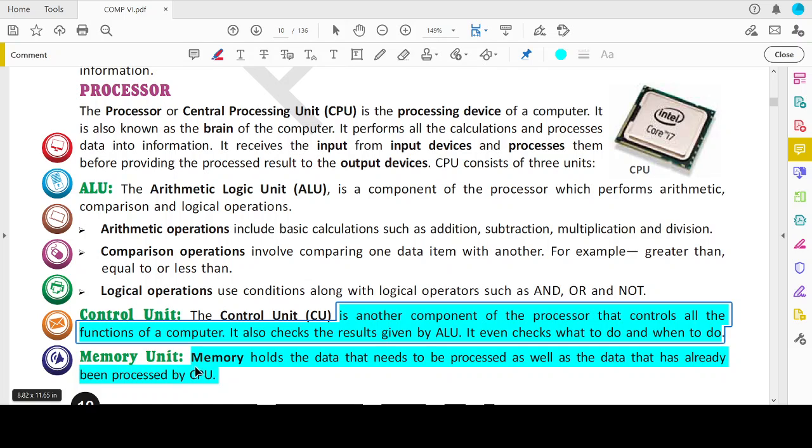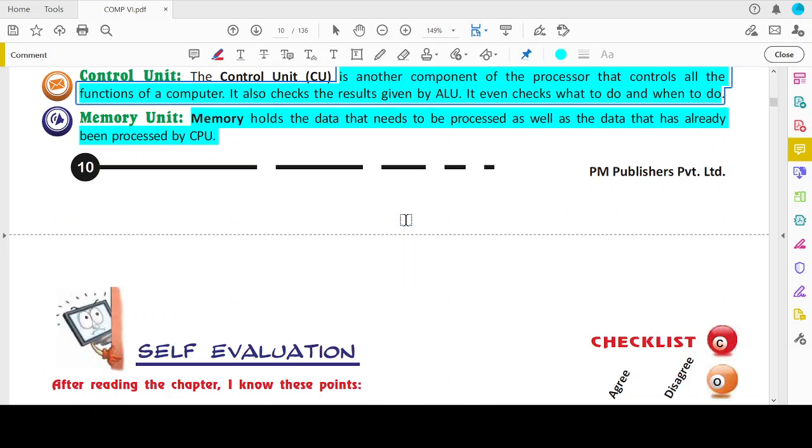The memory unit holds the data that is to be processed, and it also holds the data that has already been processed. So these are the three parts: ALU, control unit, and the memory unit in the CPU. These are the three units of the CPU or the processor.